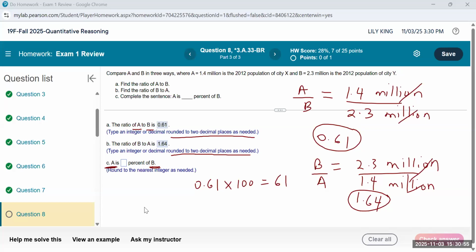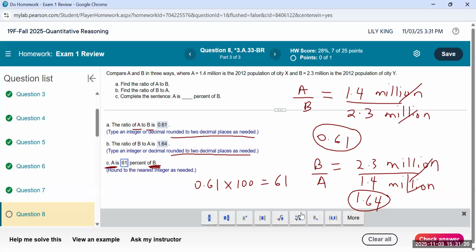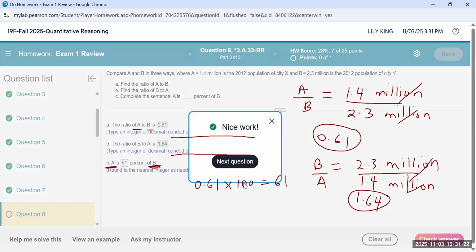So make sure you are looking at which quantity begins and which quantity ends in the question, and that will help you with which value to take and multiply by what? 100. So the answer here is A is 61% of B.